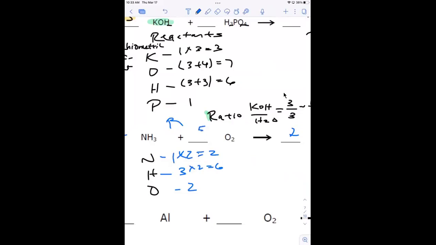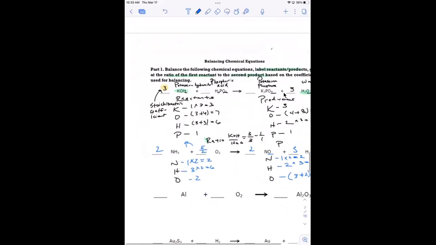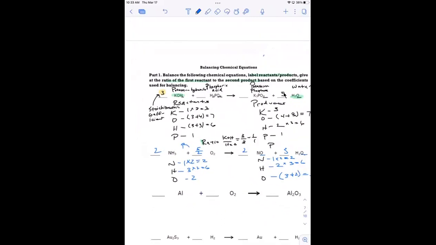Right, the fraction you would use in this case would be 5/2. And that'll balance this.